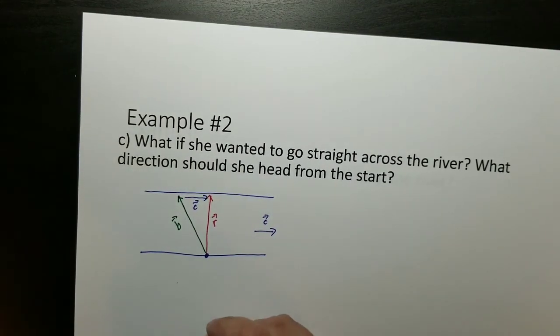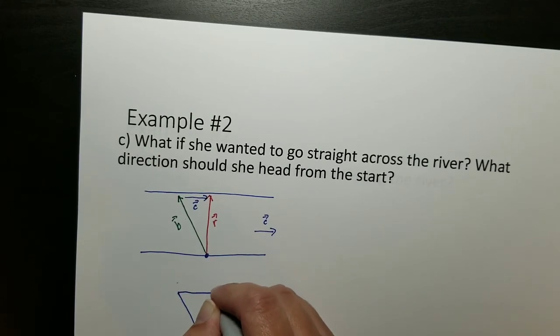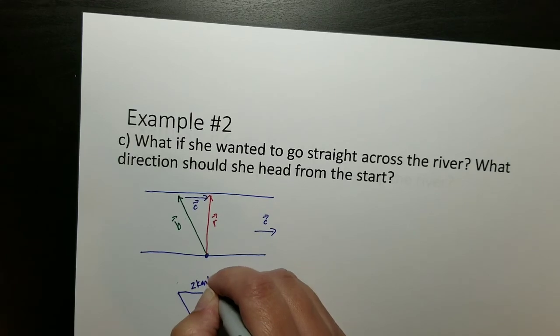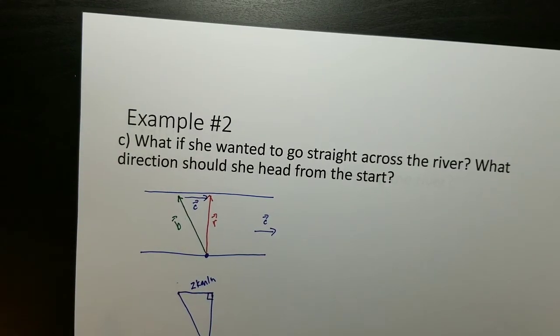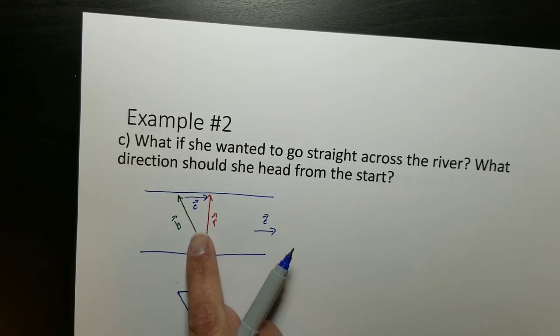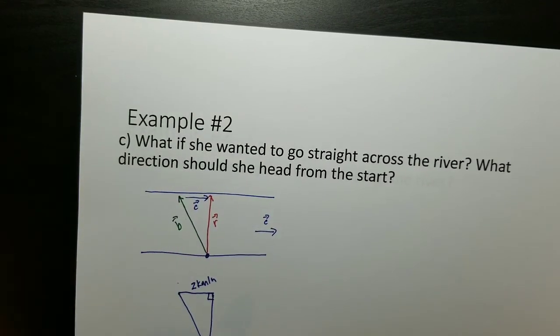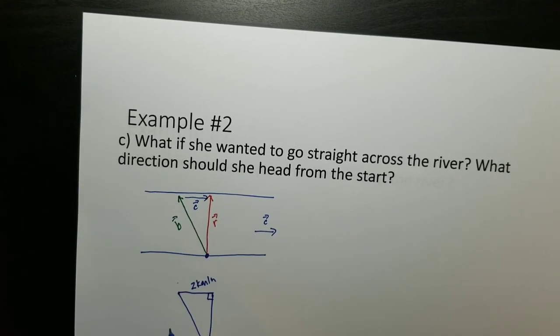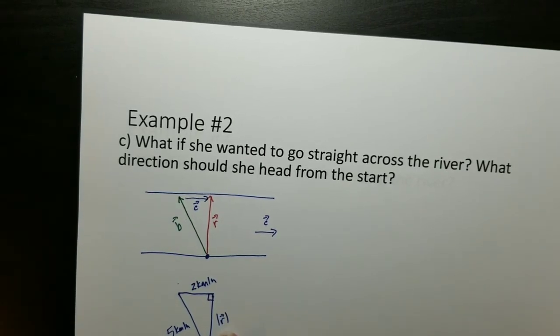This can be a little bit confusing because we know the current is 2 kilometers per hour. We know her velocity is 5 in still water. So that would be the 5 now. The 5 isn't going straight across. She's going upstream. And then we get the magnitude of the resultant there.